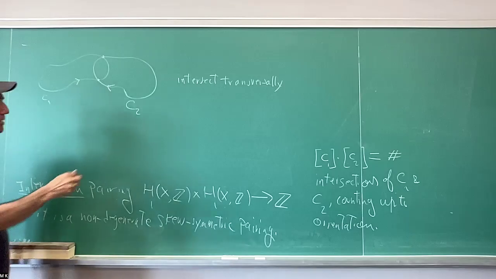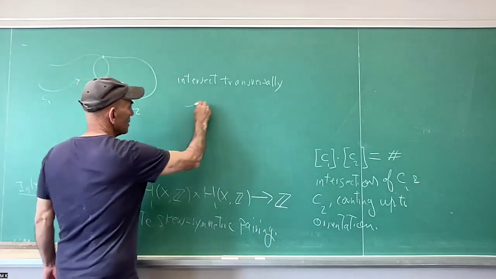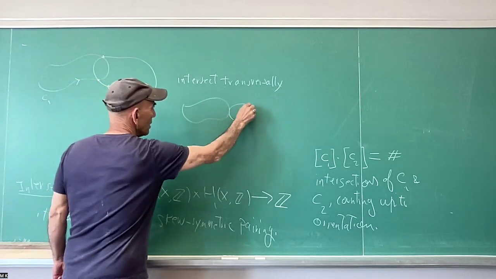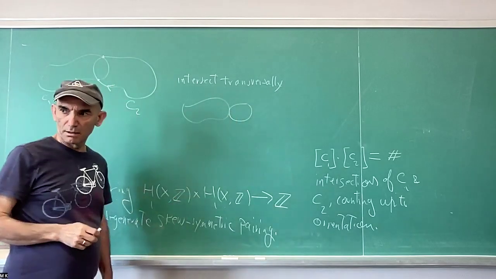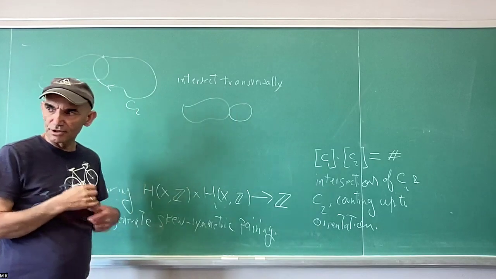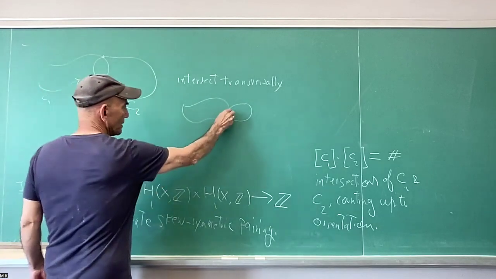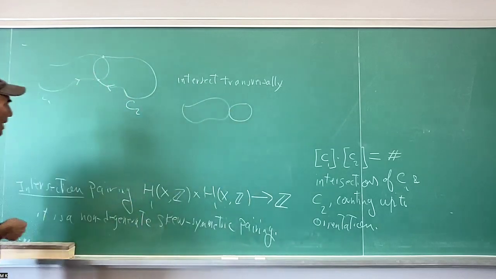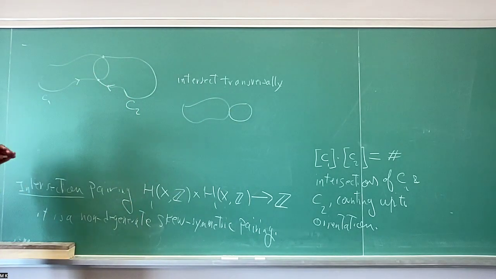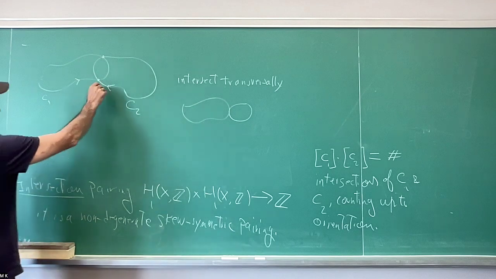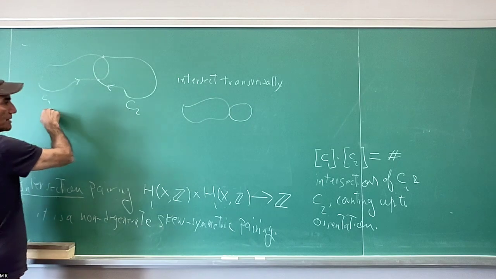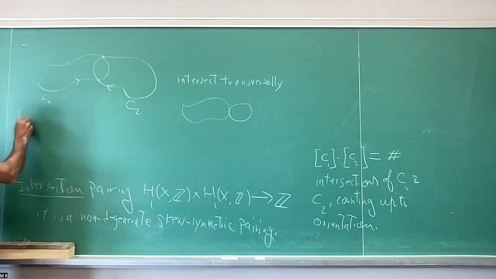It means that they don't intersect like this. This is not a transversal intersection. This is a bad intersection. I will tell you how to get rid of a situation like that. But imagine they are just transversally intersecting. Now you look at what happens at this point. So we want to do C1, C2, right?